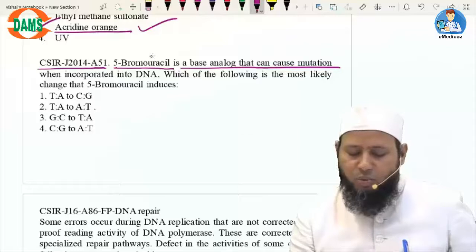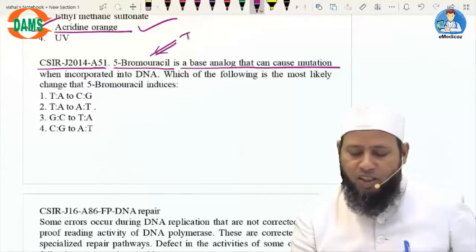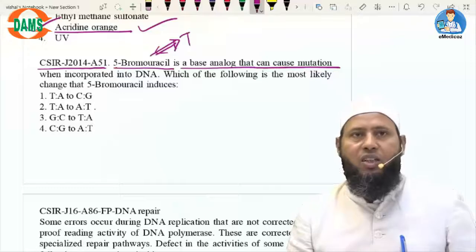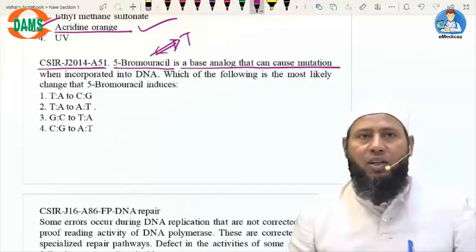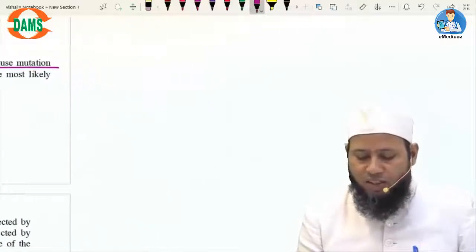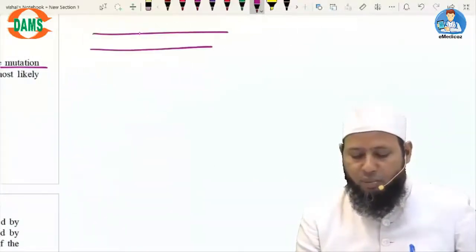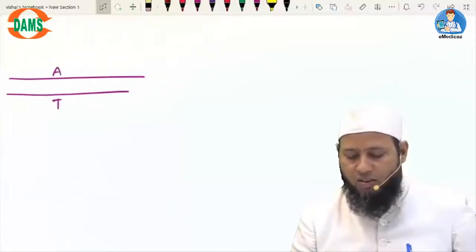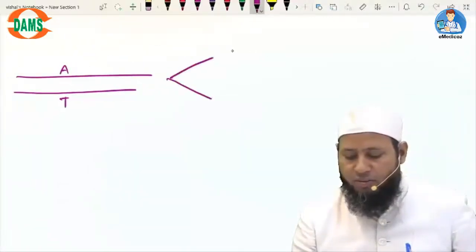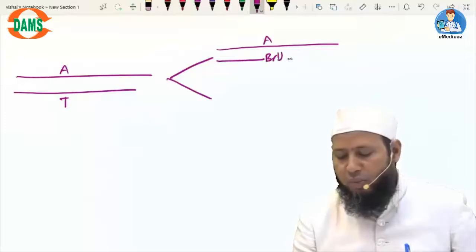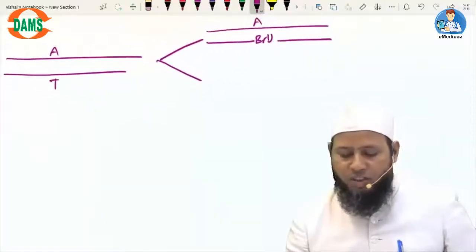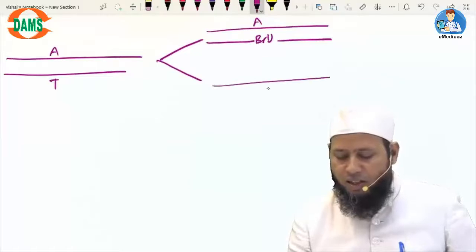We already know the bromouracil is the analog of T. So during DNA replication, it can incorporate at the place of T. For example, there is a DNA with A and T base pairing, and during replication, rather than T, bromouracil can incorporate here at the place of T, and here will be T, and this will incorporate A.